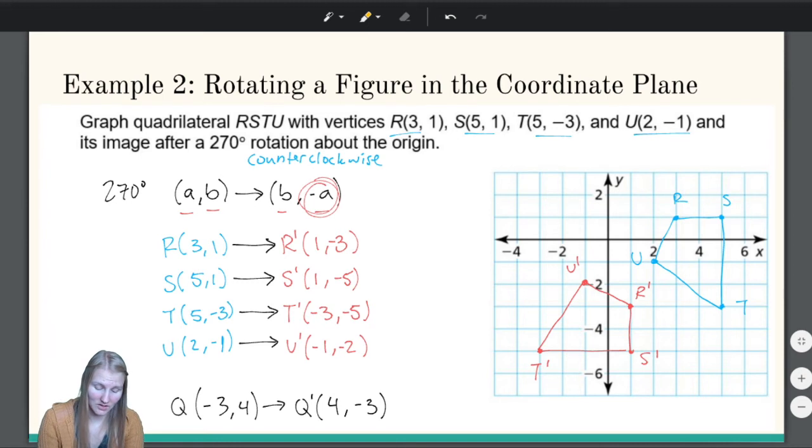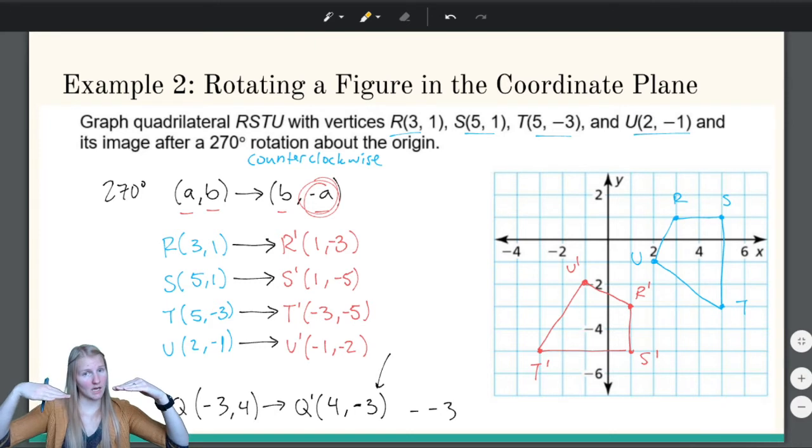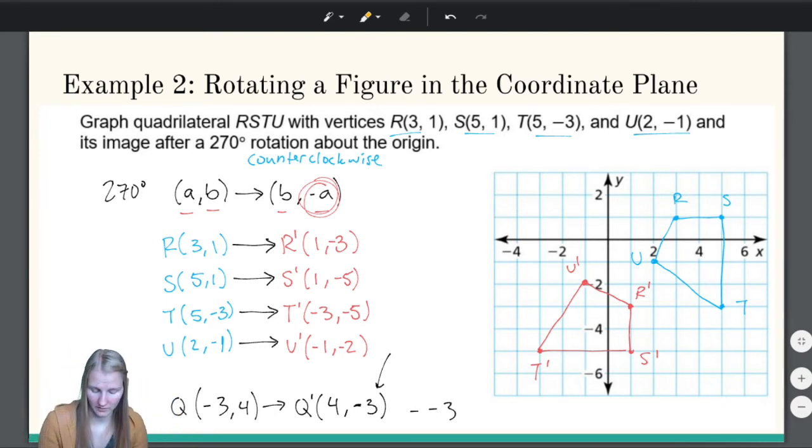And then you make the second one negative. But it already is negative. Well, remember, if you take a negative number and you make it negative, a negative and a negative make a positive. So, if the number's already negative, change it to a positive.